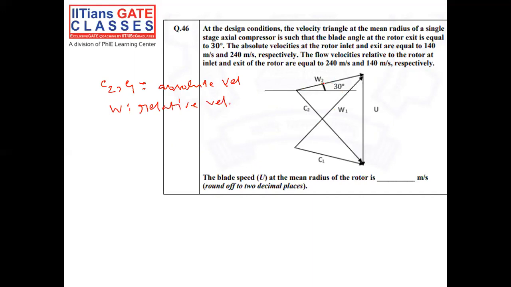This angle is the relative exit angle basically, because the exit condition is denoted as 2, the exit of the stage. And this angle is the absolute angle. So let's consider this angle as alpha 2.